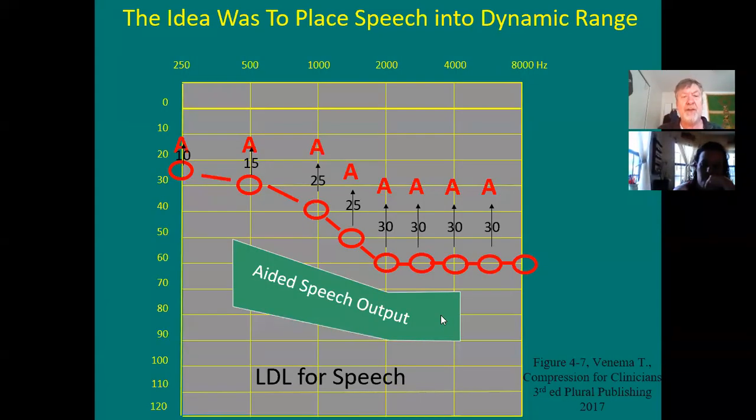And compression gives different gain for different inputs automatically. That's why they called it AGC, automatic gain control. And so today's hearing aids rarely have a volume control. Sometimes they do, but you don't see that very often anymore. So this history is very important to remember, I believe, because otherwise you forget where you came from.